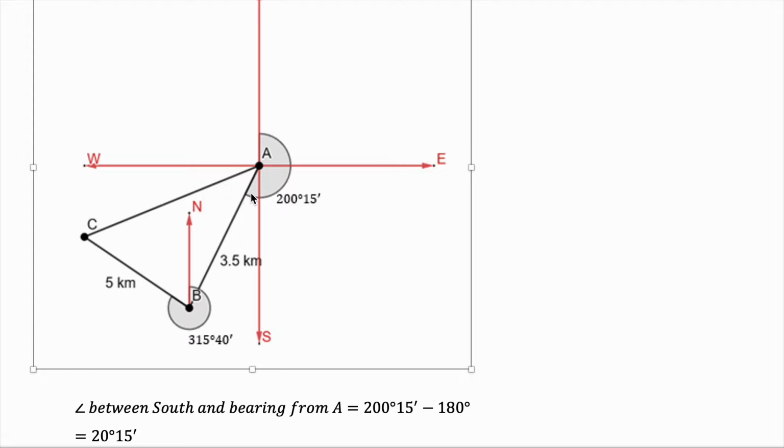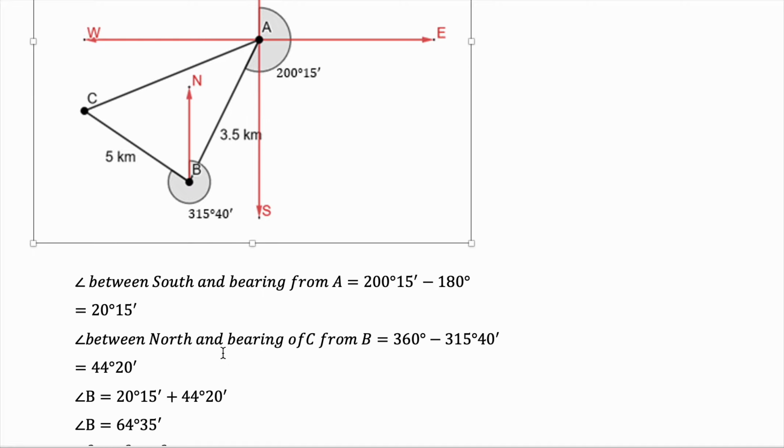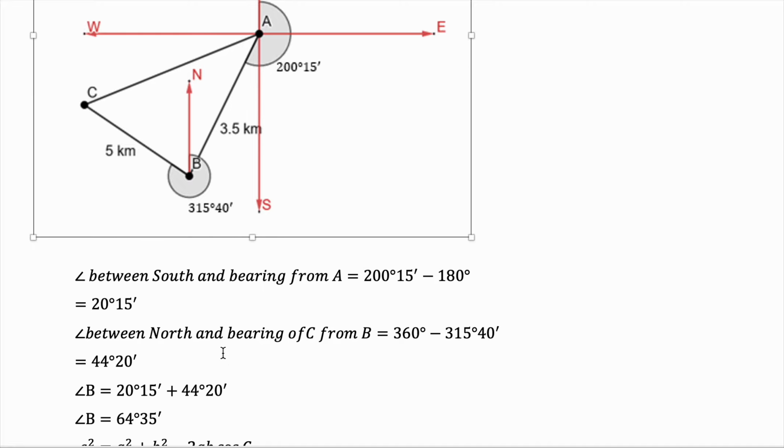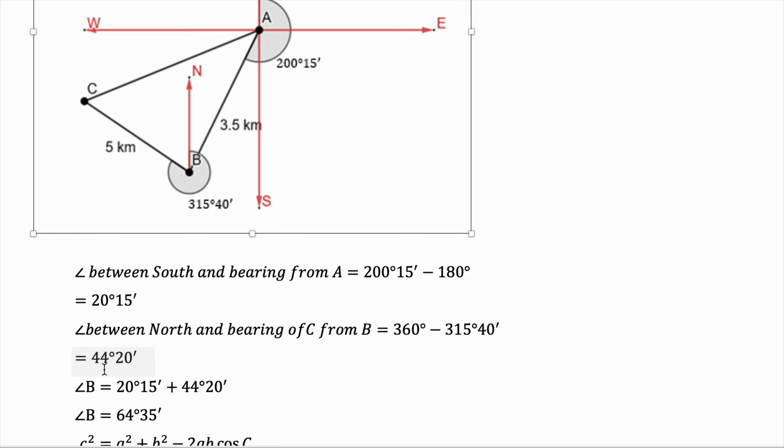So that's this angle. Now you know that the entire circle always makes 360. So if you take away 315 degrees 40 minutes, you end up with 44 degrees 20 minutes, because remember 60 minutes is 1 degree.